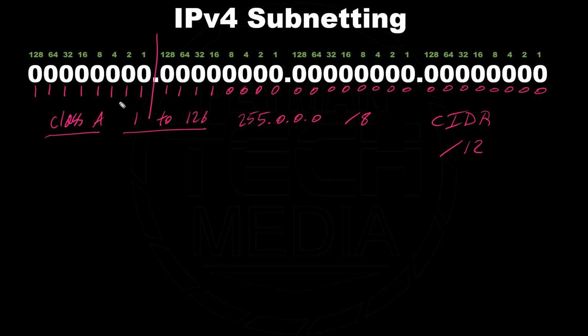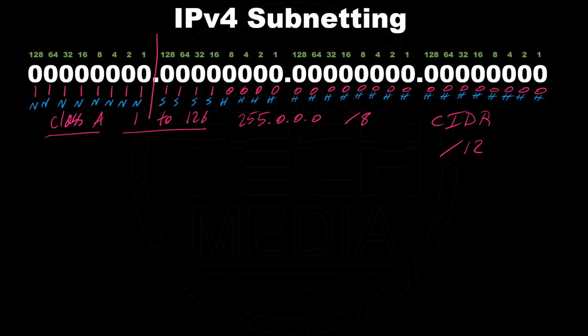So all the bits originally we had for the default subnet mask are known as network bits. The bits that we borrowed from the host bits, or in other words, when we did subnetting, right? These are known as subnet bits. And the zeros mean host bits.